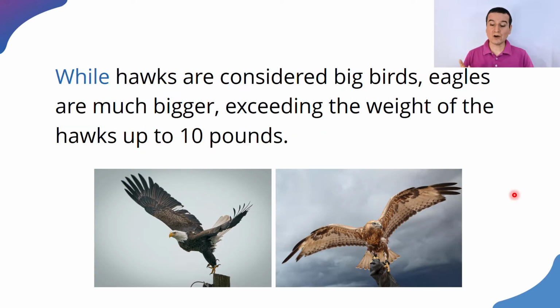Let's start with their size. While hawks are considered big birds, yes, they are big birds, eagles are much bigger. That's nice. Exceeding the weight of the hawks up to 10 pounds. So they are much larger and bigger and heavier, as we can see.